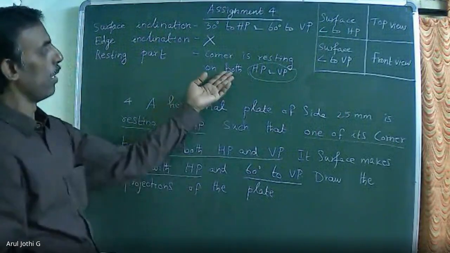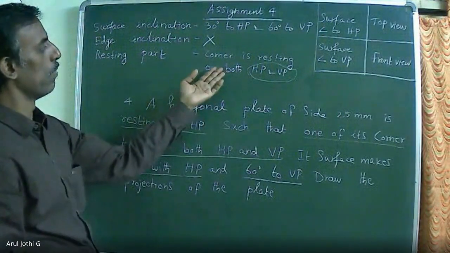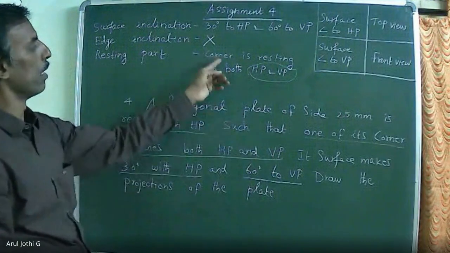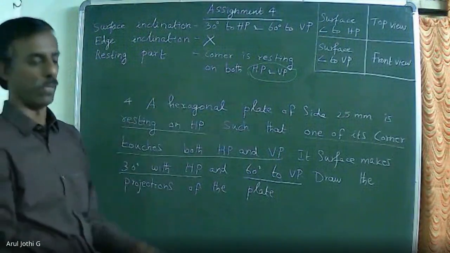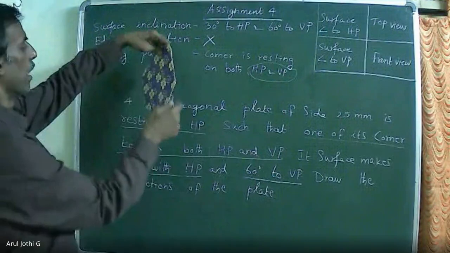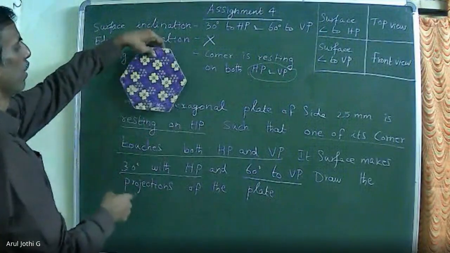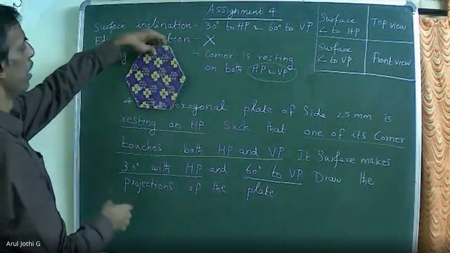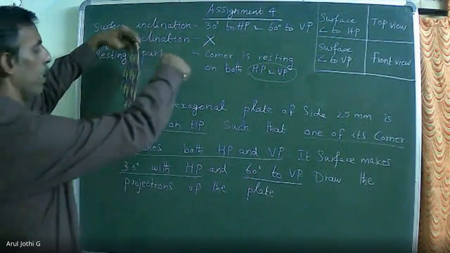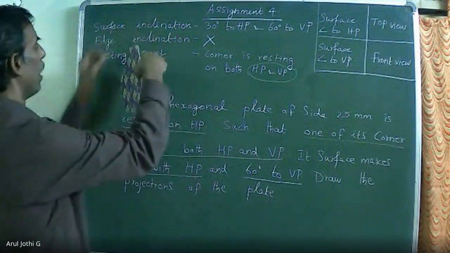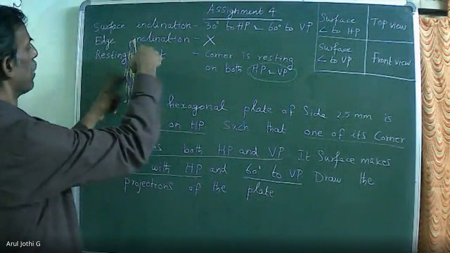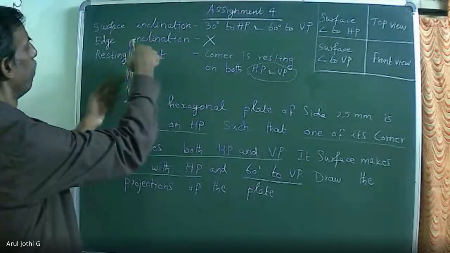So as I already told you, in this case you can either start with the front view or top view because the corner lies on both HP and VP. Suppose you are starting with the front view, this will be your initial position. In the second diagram, the plane is inclined 60 degree to VP. Now in the third diagram, this corner point lies on VP.